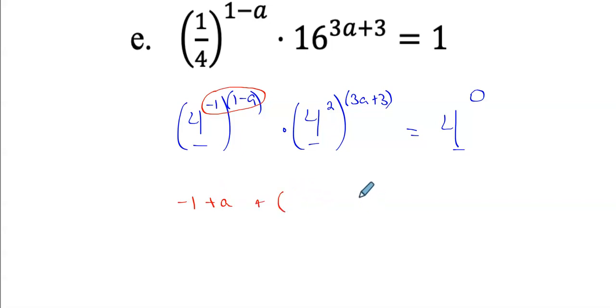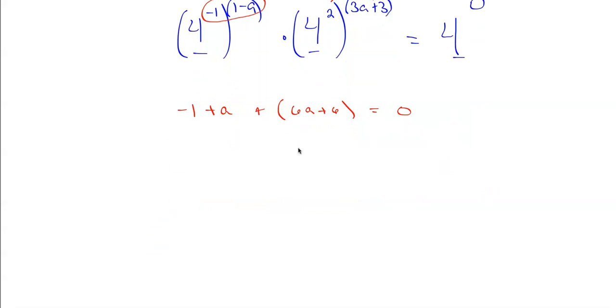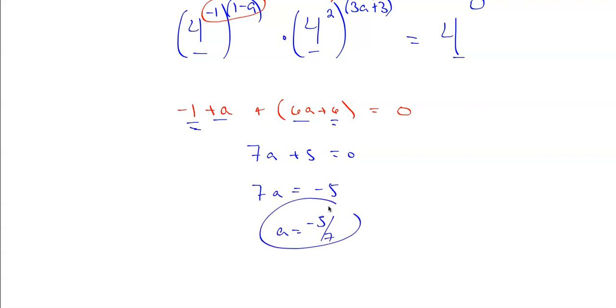Plus, the second quantity here is going to be, when I distribute the 2, 6a plus 6. And all that is equal to 0. And then we're going to combine some like terms, move some things around. So I got a and 6a is 7a. Negative 1 and 6 is positive 5 equals 0. 7a equals negative 5. a equals negative 5/7.